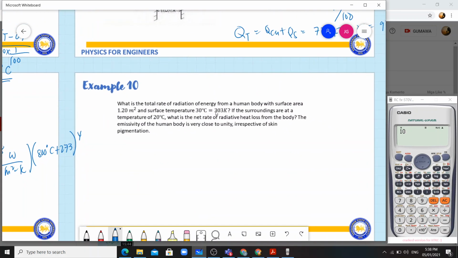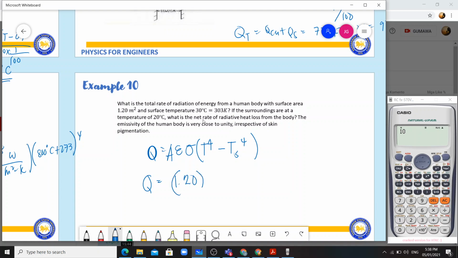What is the total rate of radiation of energy from a human body with surface area na 1.2? Surface temperature na 30 degrees Celsius, 303 Kelvin. If the surroundings are at a temperature of 20, what is the net rate of radiative heat transfer? Okay. So, ang formula nito is emissivity, area, sigma, T raised to 4, minus T ng surrounding raised to 4. So, Q is equals to, meron tayong area na 1.2.